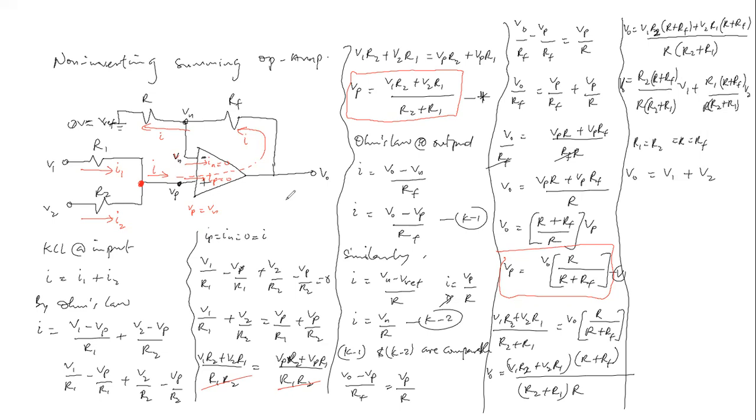So let us consider a simple example. Say we have, okay, 3 resistors here, connected at this node.